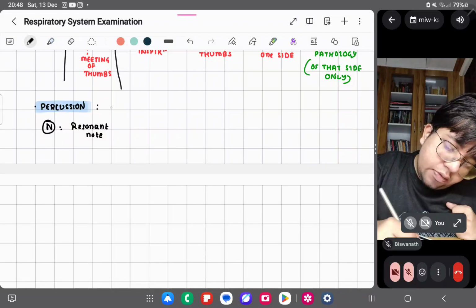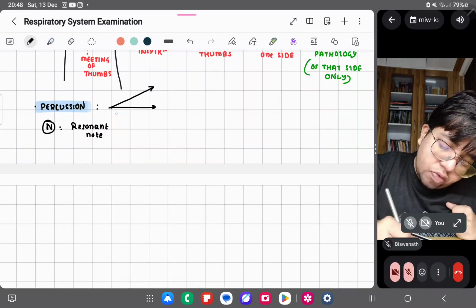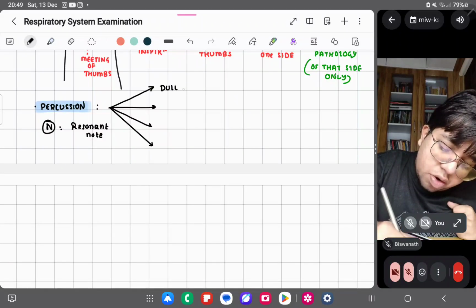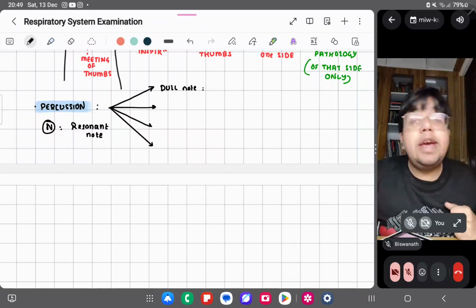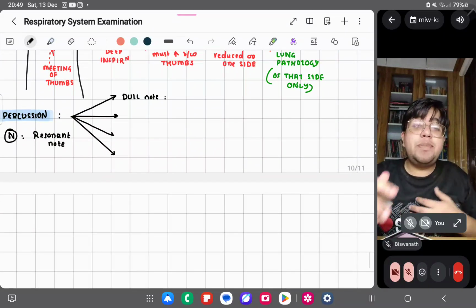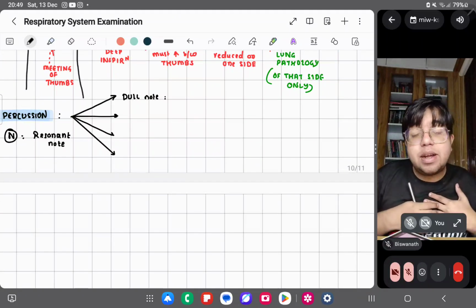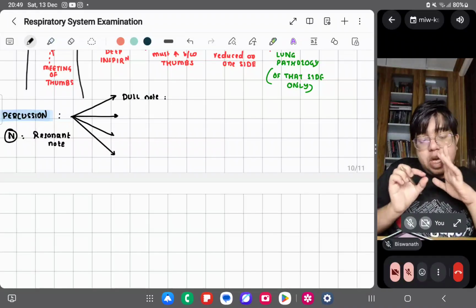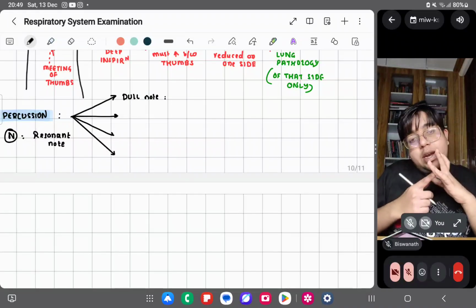Let's say we have four cases here. You can get a dull note. If something is present, it will not resonate. Resonance means you are tapping it, right? So you're getting the vibrations reflected, and the vibrations produce some resonance.